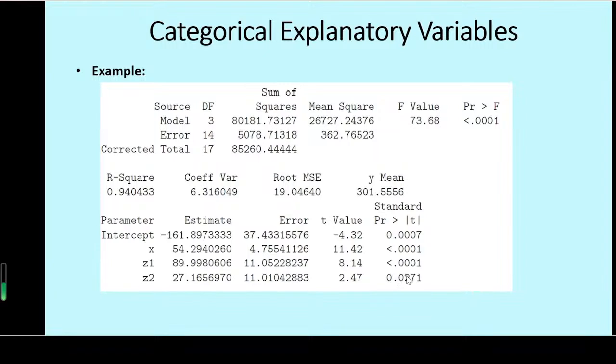We check in this example that all are significant. So Z1's parameter is beta 2 and Z2 is beta 3, right? So this is beta 1, beta 2 and beta 3. All significant.